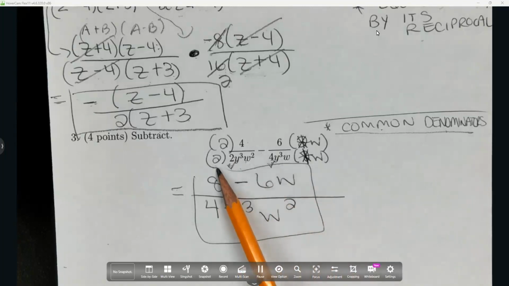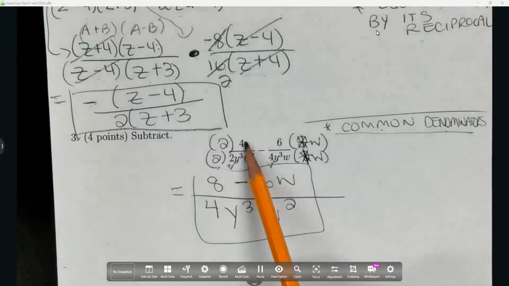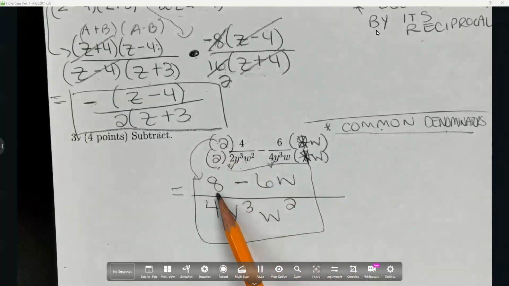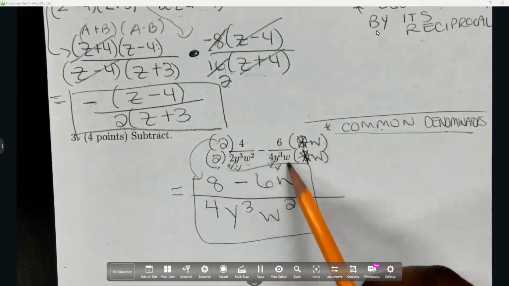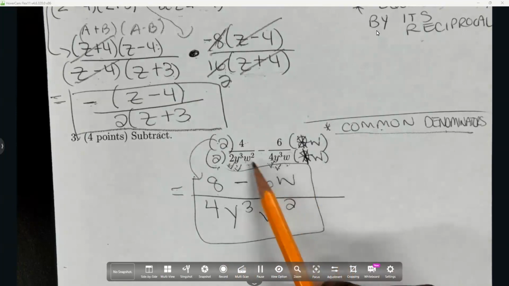And because I multiply in the denominator times 2, I must also multiply in the numerator. So 2 times 4 in the numerator, we brought down 8. We have y cubed in the denominator of our first fraction, y cubed in the denominator of our second fraction. So those are already the same. I have w squared in the denominator of my first fraction and just 1 w in the denominator of my second one. So I have to increase this power. I want it to also be w squared.